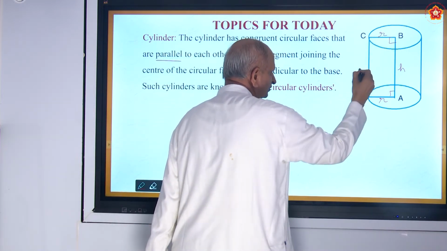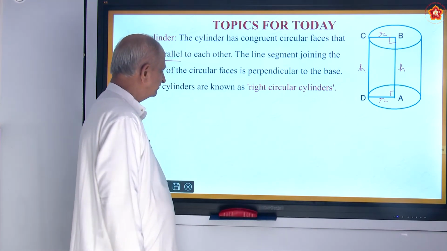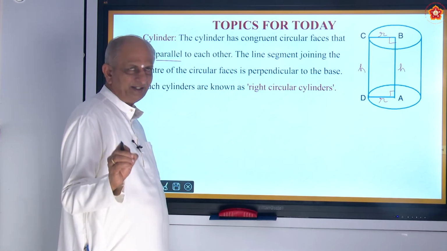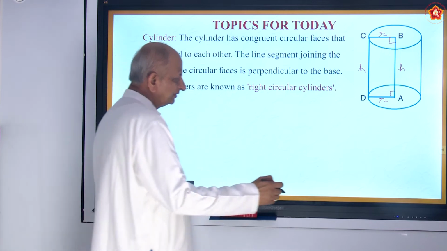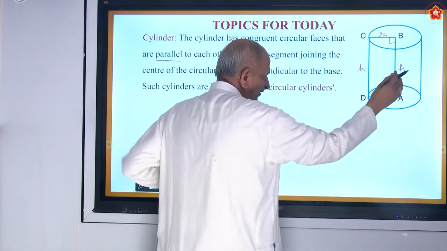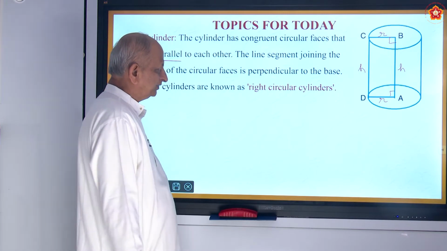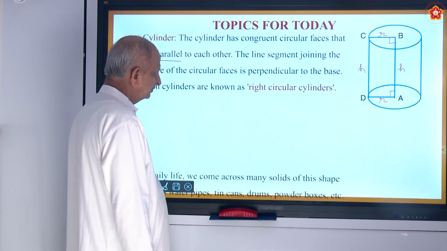Maybe here also it is h. And such cylinders are known as right circular cylinders, right, because this is perpendicular. Suppose it is tilted, it is not a right circular cylinder. It is straight, therefore it is called a right circular cylinder.